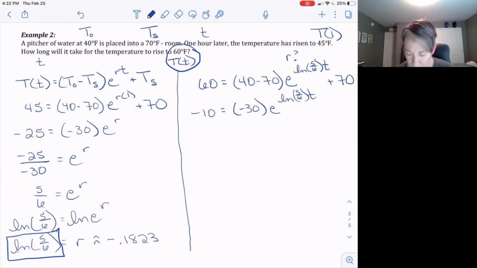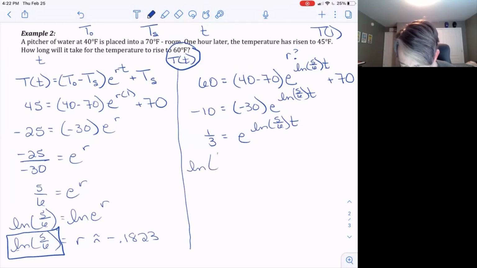Divide both sides by negative 30. That reduces to 1/3 equals e to the natural log of 5/6 times t. We're going to take the natural log of both sides. Natural log of 1/3 equals the natural log of e to the natural log of 5/6 t.